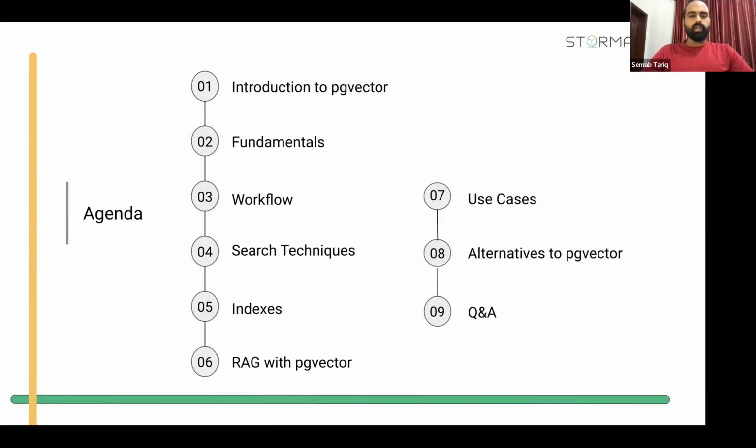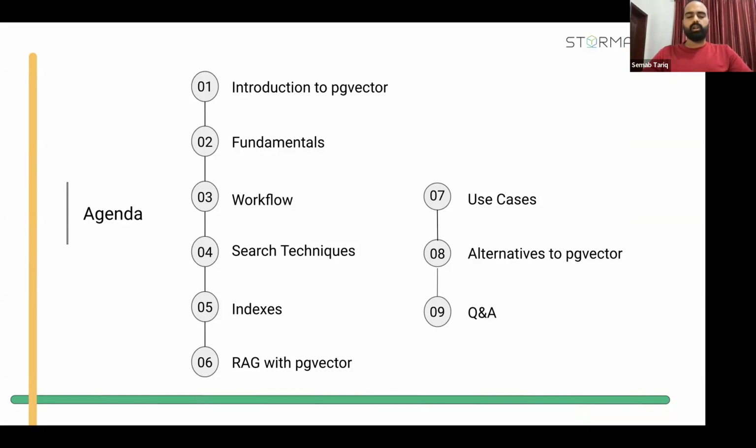This is the agenda of what we are going to cover in this webinar. First we will see what pgvector is and the different fundamentals and terms used in pgvector, especially in AI. Then we are going to talk about workflow, search techniques, and indexes used in pgvector.